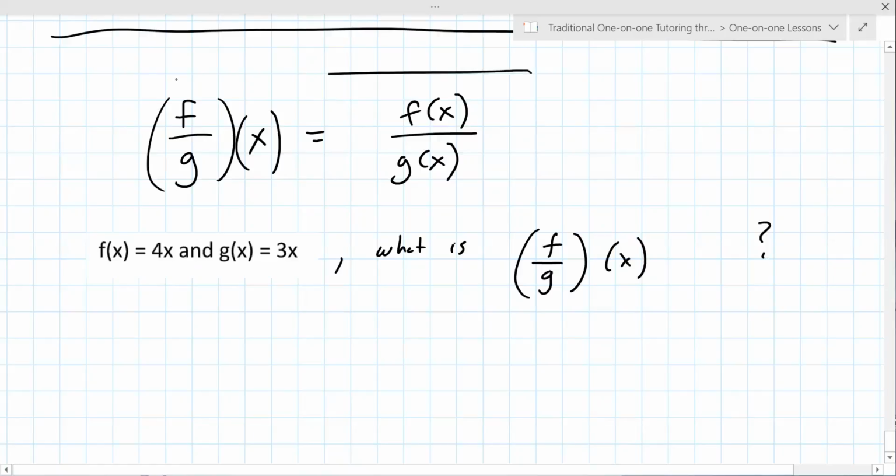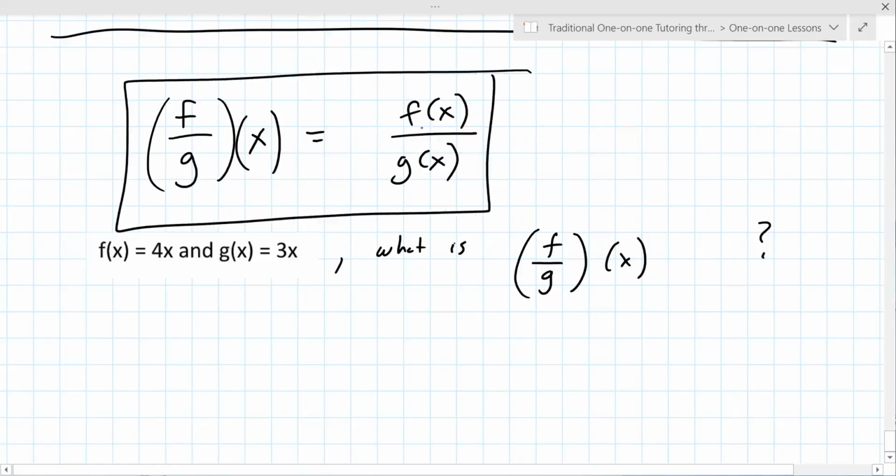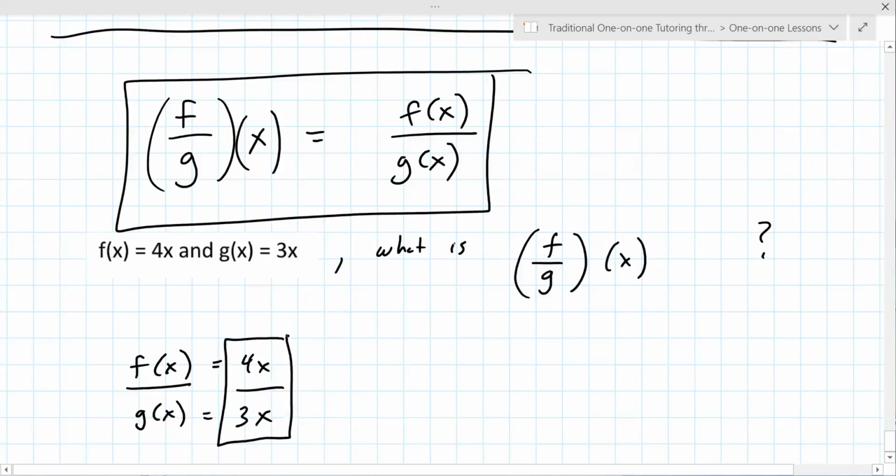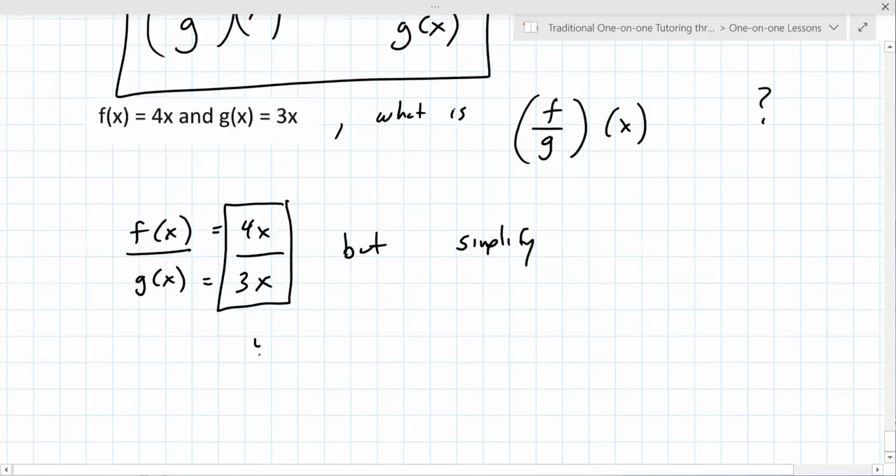Okay, well now that you've seen this, you just take f of x, which is 4x, over g of x, which is 3x. This is your answer, but you have to simplify. Do you see how I just put whatever f of x is on top and whatever g of x is on the bottom? Yes. I would do that with any equation.